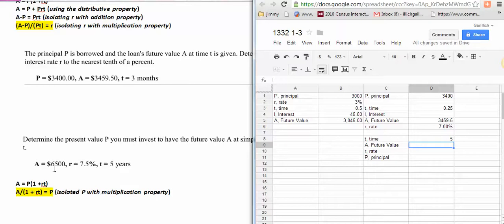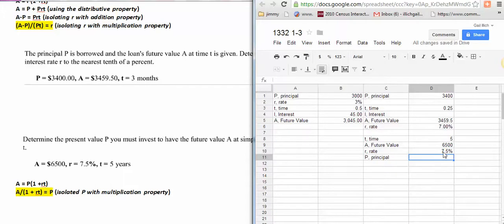The future value A is 6,500, so I'll put that in here. The rate that they told us is 7.5%, so I'll put that in. And now I'm ready to write my little formula, and then every time I'll be able to use this cute little program that I wrote.